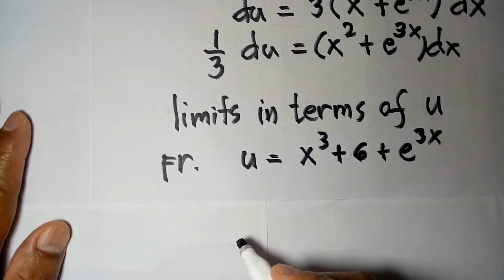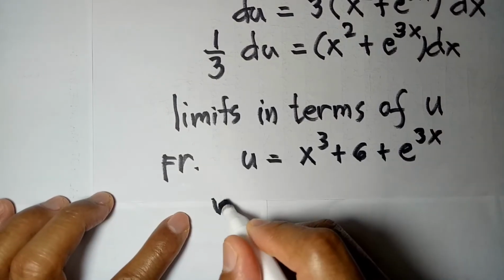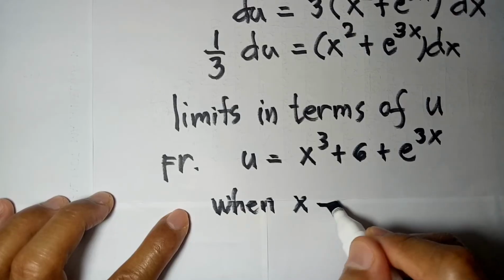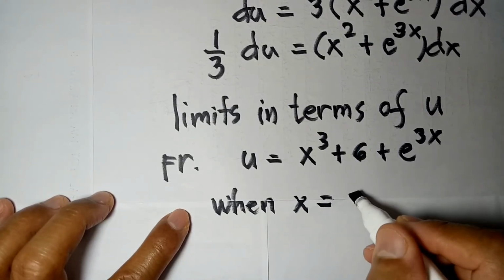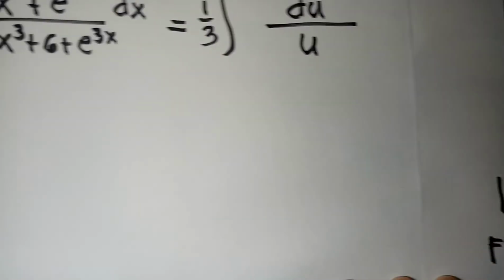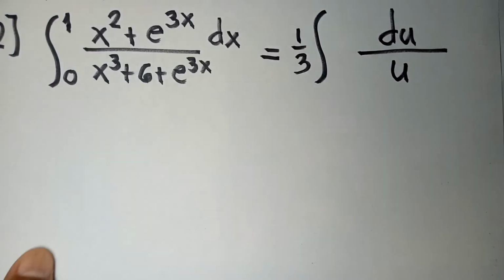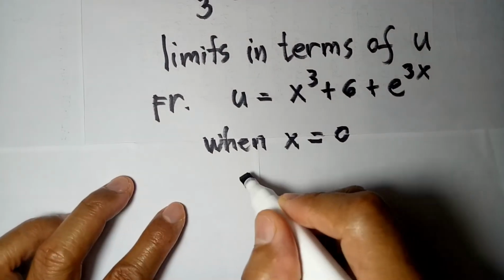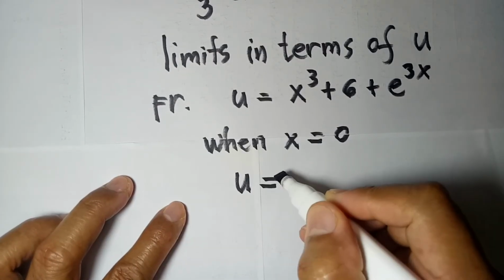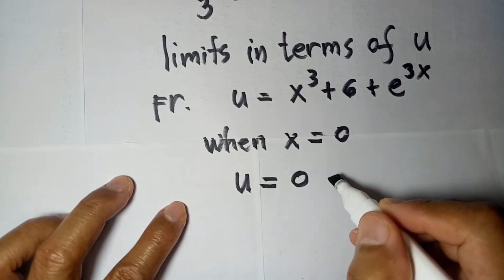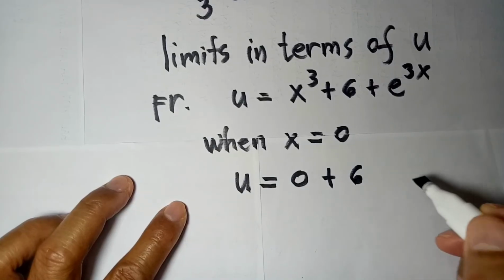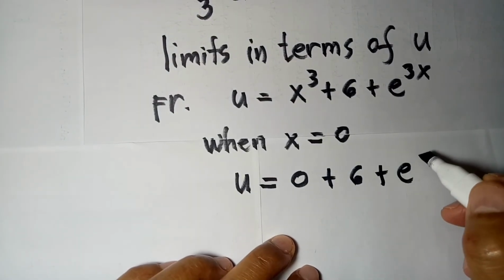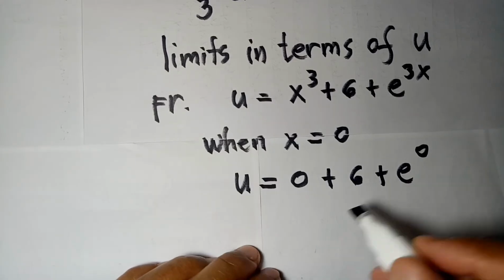So para sa lower limit in terms of u, so when x is 0, yung ating lower limit in terms of x. So when x is 0, ang u natin equals 0 plus 6 plus e raised to 0.